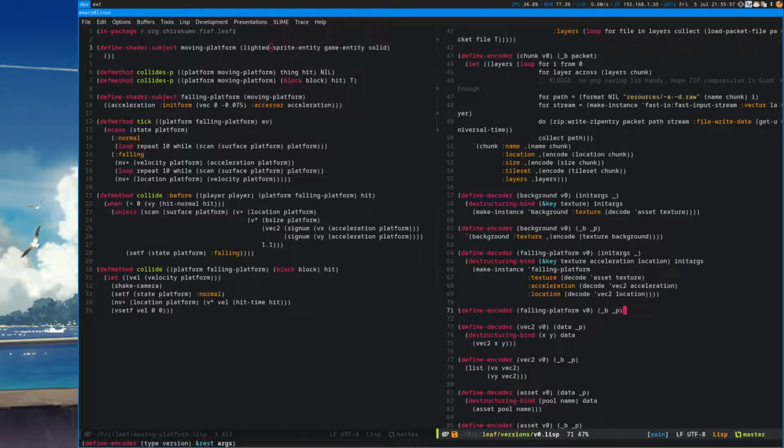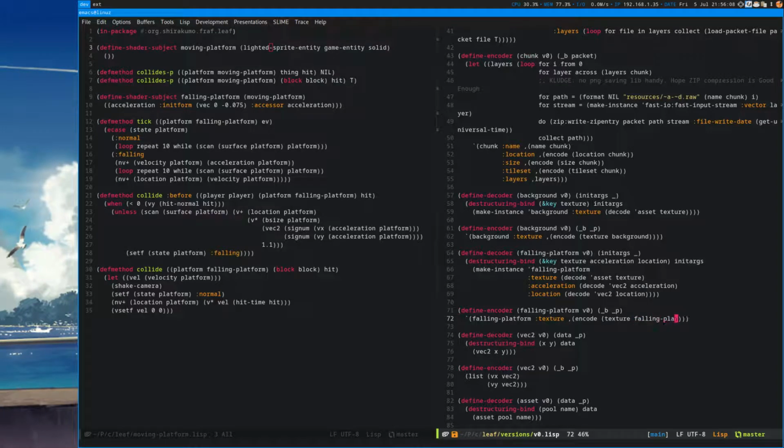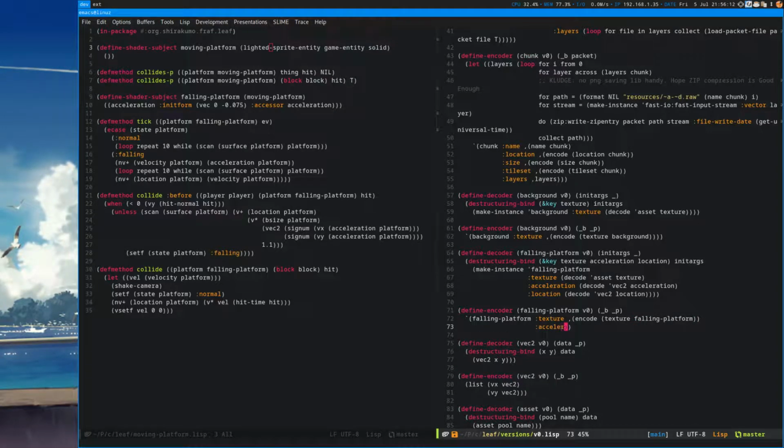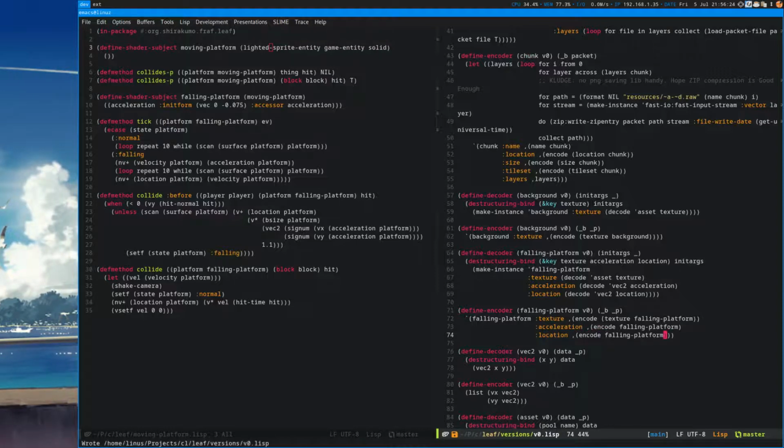Coder, BP... I need to make some convenience macros for this, because this is kind of too verbose.